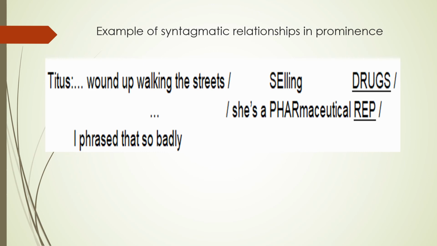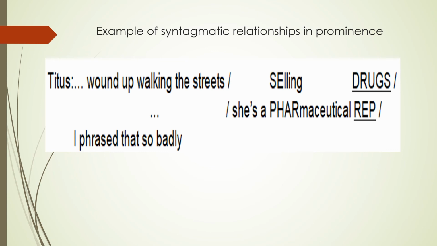But then he realizes that that was not actually the idea that he wanted to convey, and so he reformulates that, corrects himself, or in conversational analysis terms, he self-repairs his speech by saying she's a pharmaceutical rep, and then he adds, I phrased that so badly. And so you can see here that selling drugs is made sort of equivalent to pharmaceutical rep.